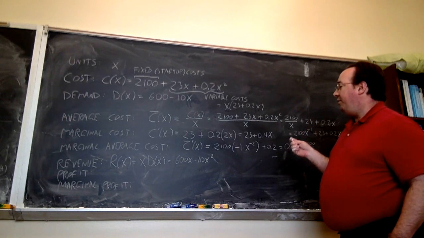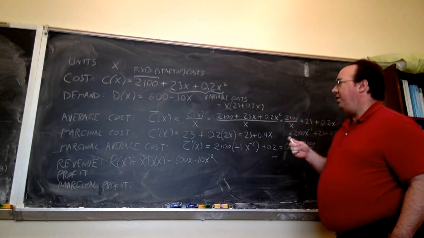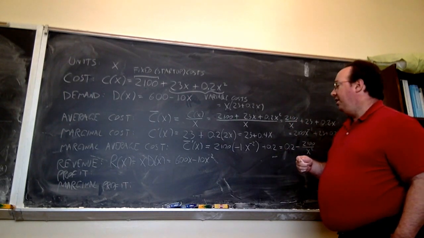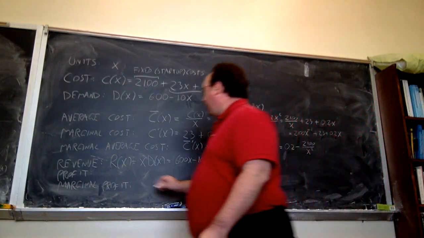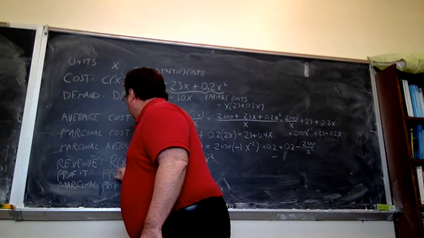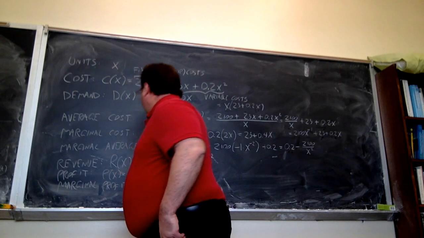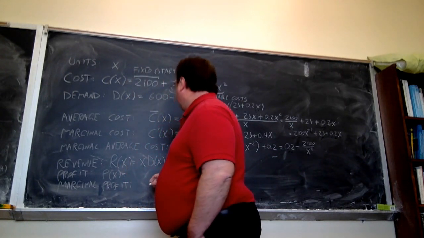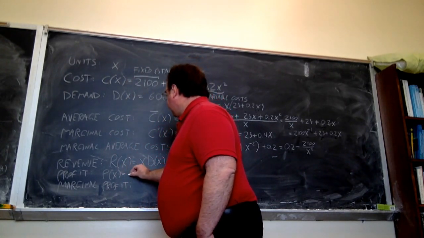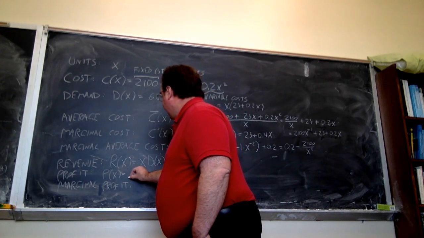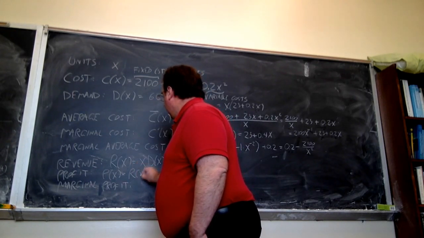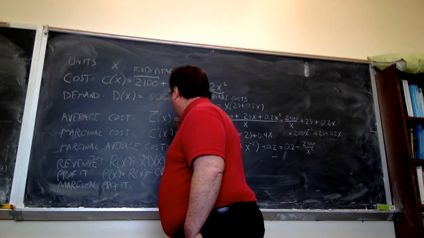So now that I have my revenue function and I know my cost function, I can easily compute my profit. So profit, P of x, will be equal to my revenue minus my cost.